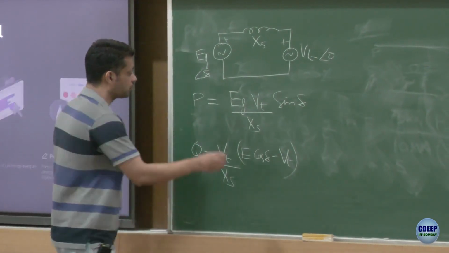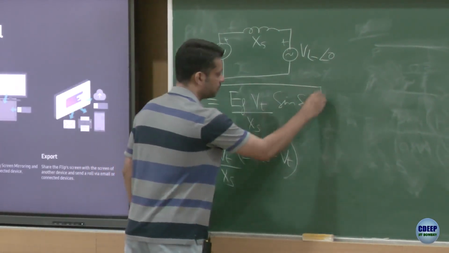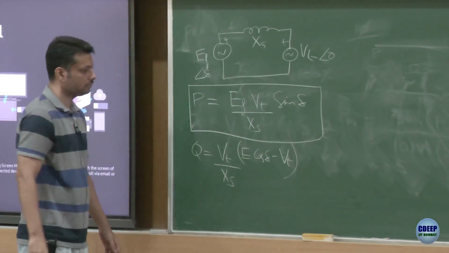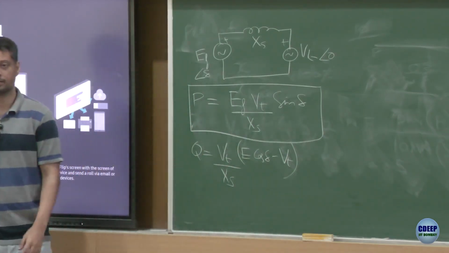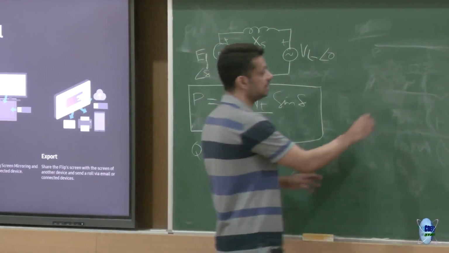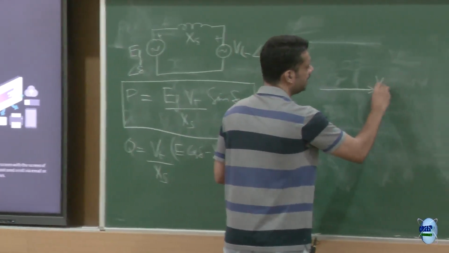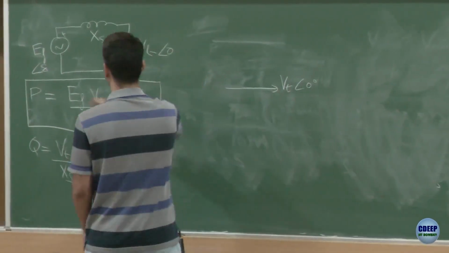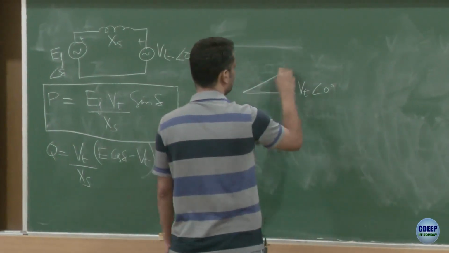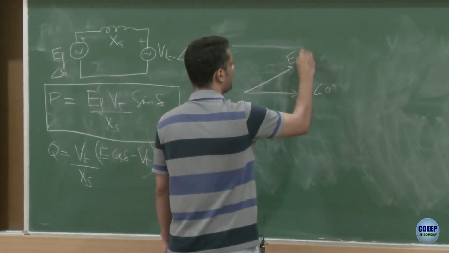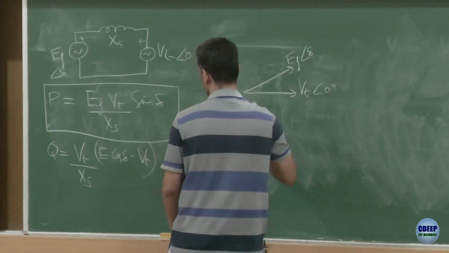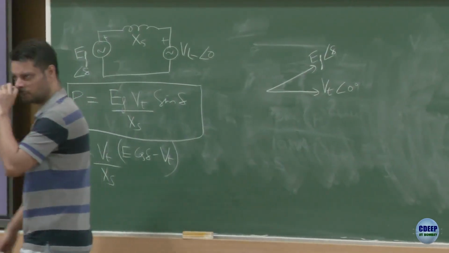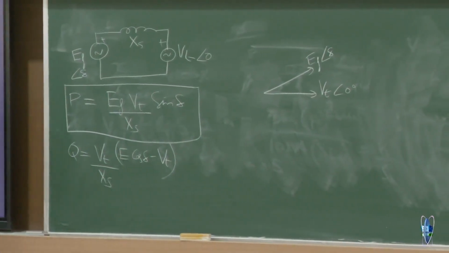Okay, if that is okay, let us just focus on the first equation. If you see the first equation, this is your Vt at an angle 0 and this is your Ef at an angle delta, right. Here delta is positive, so I am assuming your Ef is leading Vt.